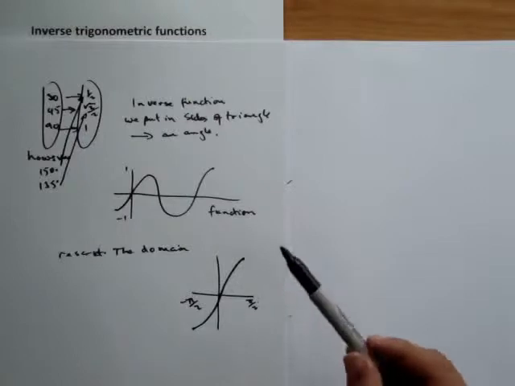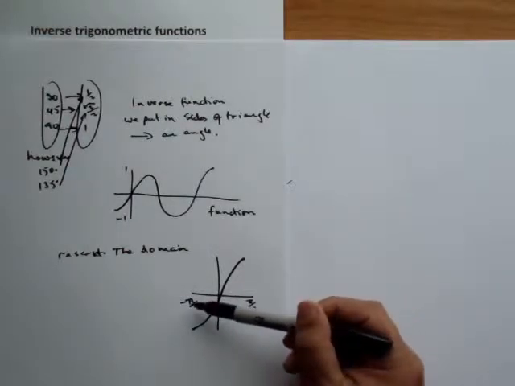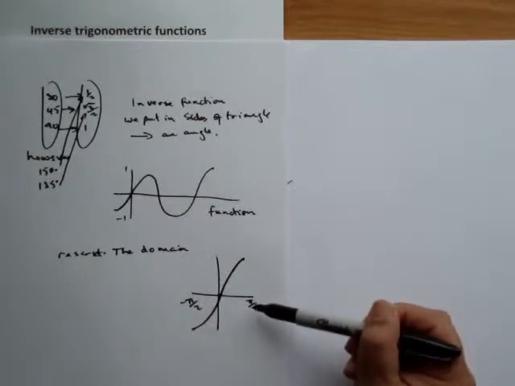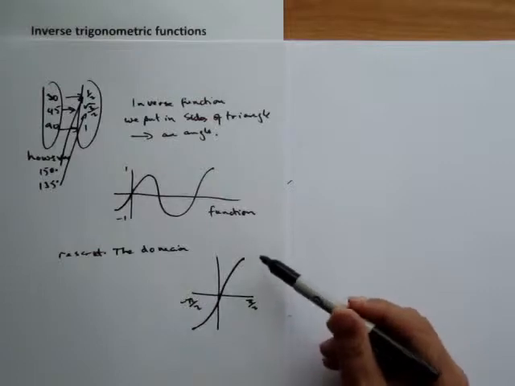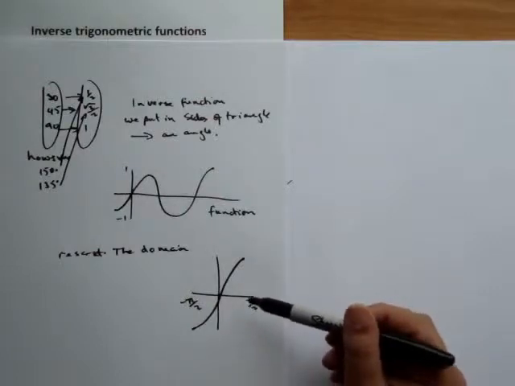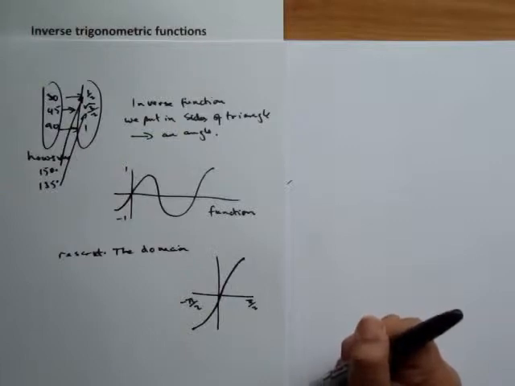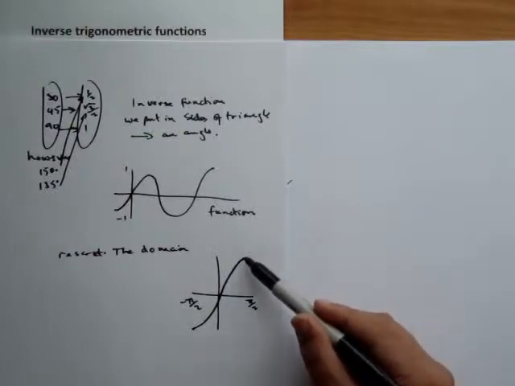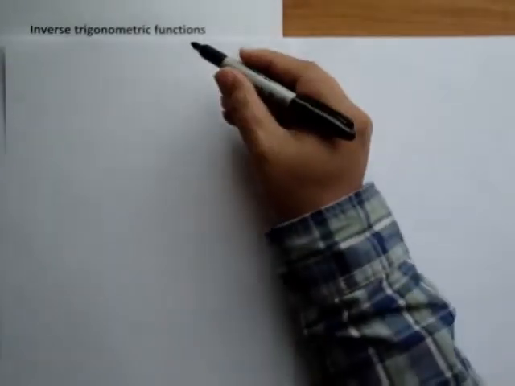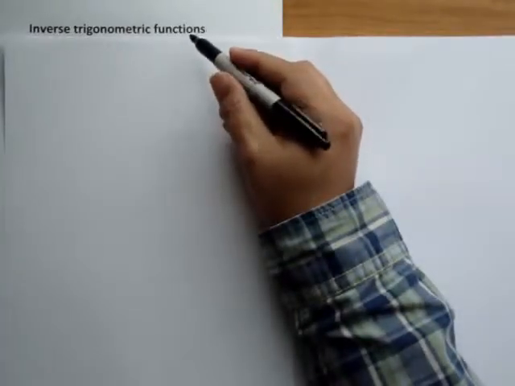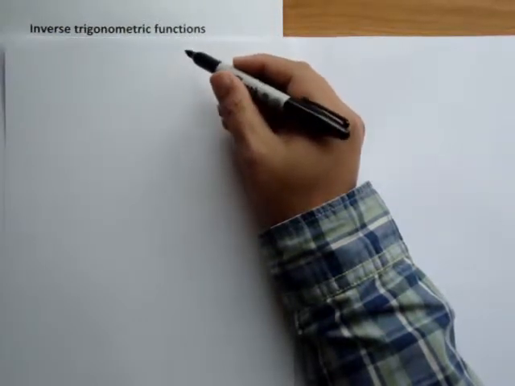This means that within the restricted domain for sine, minus pi over 2 to pi over 2, it passes the vertical line test, so it is a function, and it passes the horizontal line test, saying that the inverse of this curve is also a function. For trigonometric functions, we restrict the domain for it to act as a function.